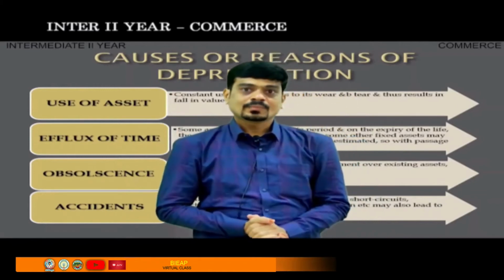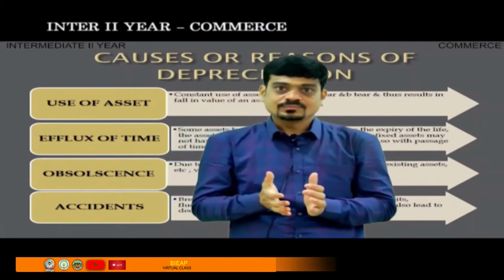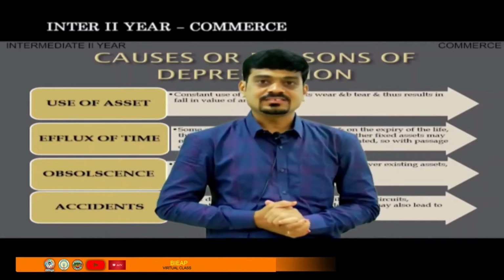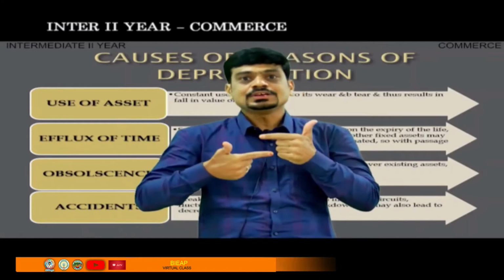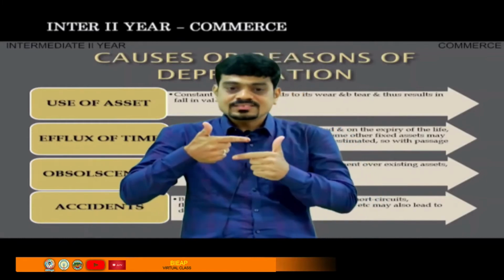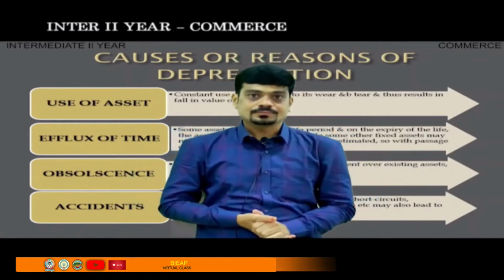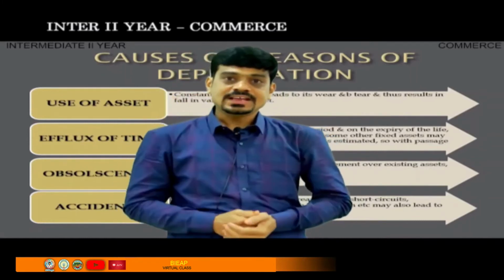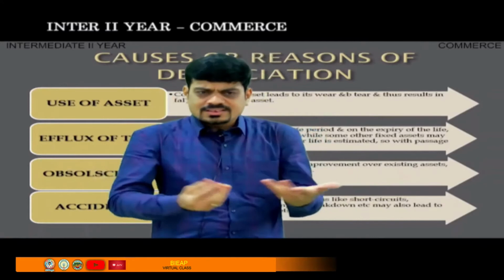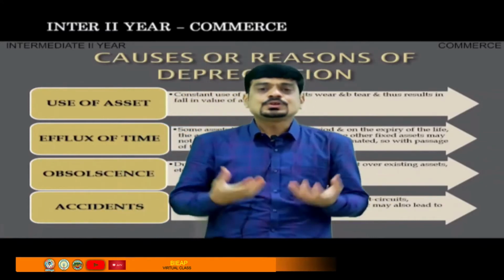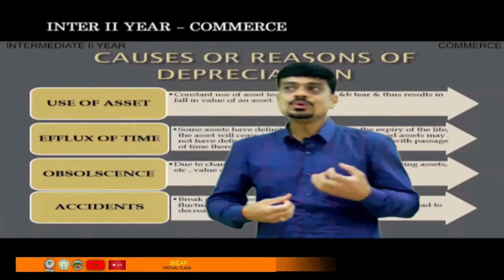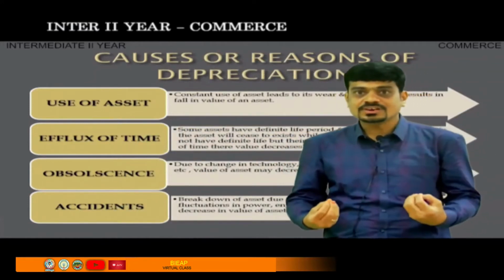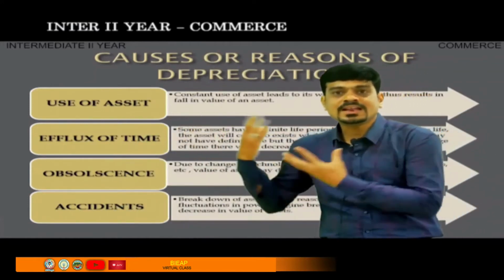When you purchase an asset, you are not going to store it in the locker or the godown as it is. Constantly we will use it. And what is that use of asset called? In accountancy terms, we call it wear and tear. In simple language, when you buy a shirt, are you going to keep it in the almirah like that only?